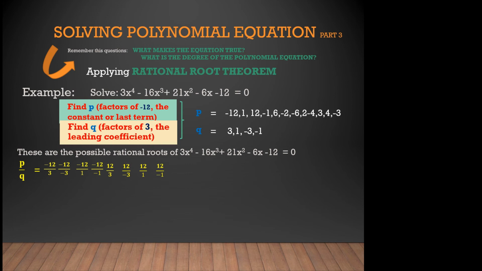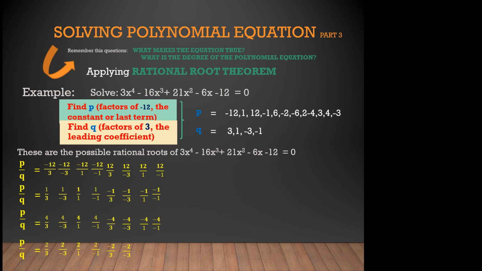If our p is 1, we have 1 over 3, 1 over negative 3, 1 over 1, 1 over negative 1, negative 1 over 3, negative 1 over negative 3, negative 1 over 1, negative 1 over negative 1. Our p can also be 4 or negative 4. It can be 2: 2 over 3, 2 over negative 3, 2 over 1, 2 over negative 1, negative 2 over 3, negative 2 over negative 3, negative 2 over 1, negative 2 over negative 1.